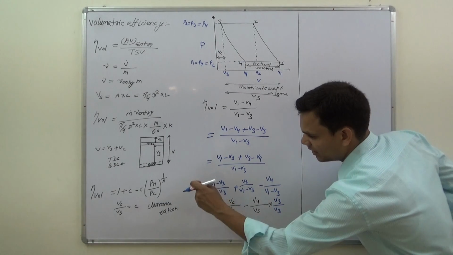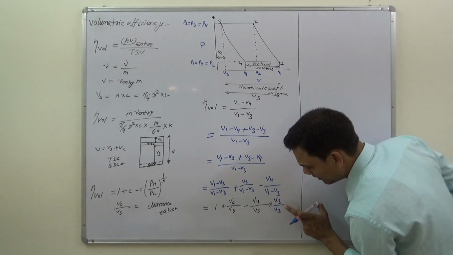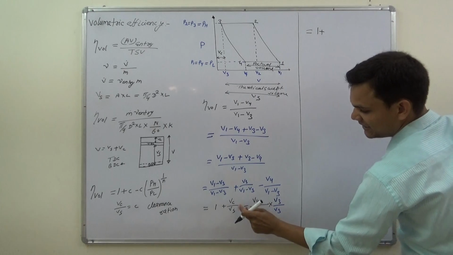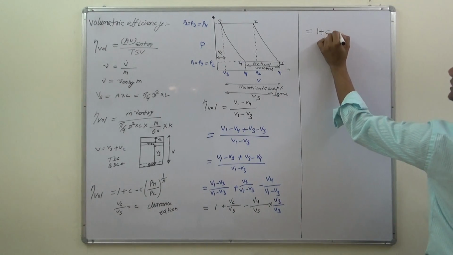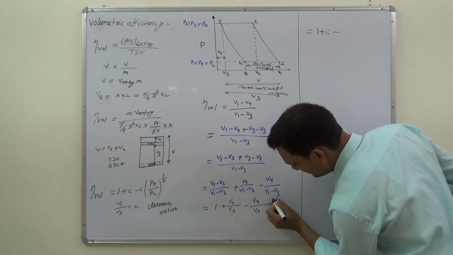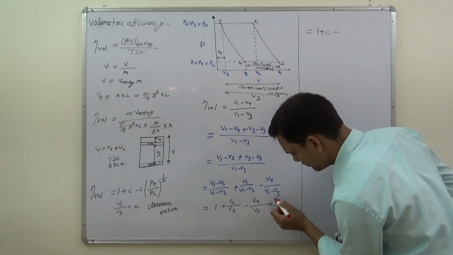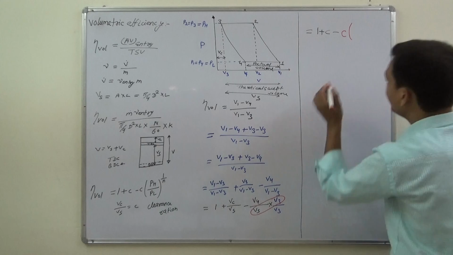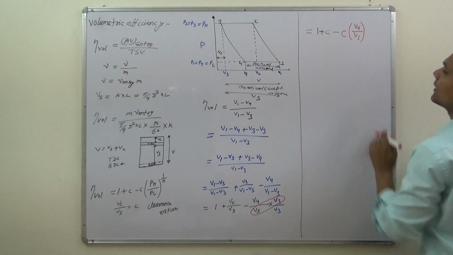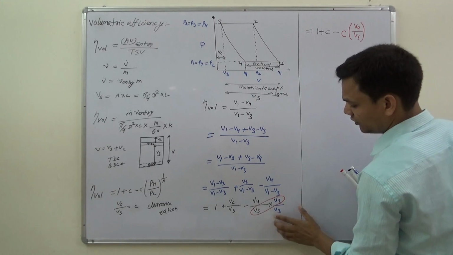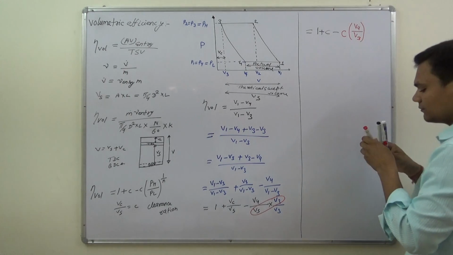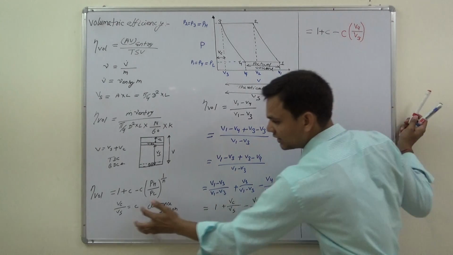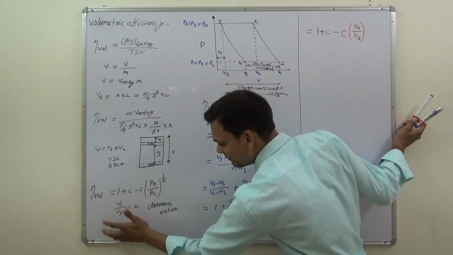This is my actual term, but I multiply and divide by V3, so we can modify this term. 1 plus, we can write Vc by Vs as clearance ratio C, minus V4 by V3 times V3 by Vs. V3 by Vs is equal to clearance ratio, because V3 is equal to Vc, the clearance volume. The remaining term is V4 by V3.